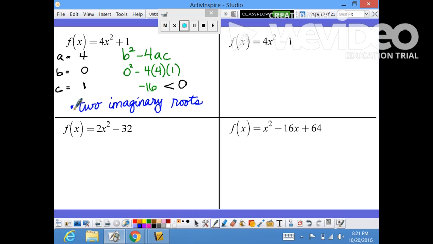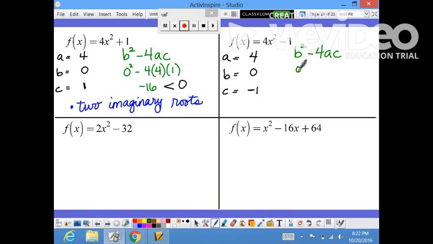Okay. Next problem, we have f of x equals 4x squared minus 1. Again, a equals, b equals, c equals. All right, a equals 4, b equals 0, and c looks like it's negative 1. So let's plug it into our discriminant. B squared minus 4 times a times c, or 4ac.